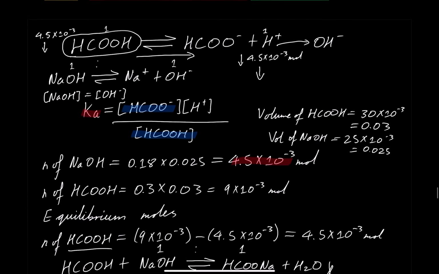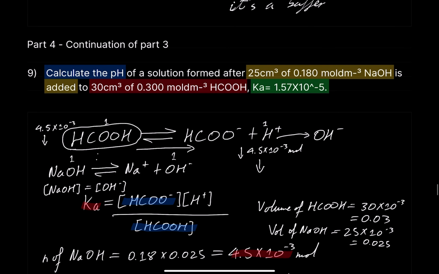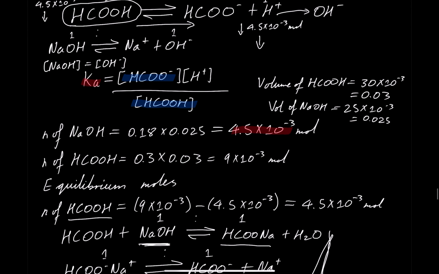It does make sense because remember, in this case, we have more moles of our acid than base. Our original moles of our acid is double the size of our moles of base.